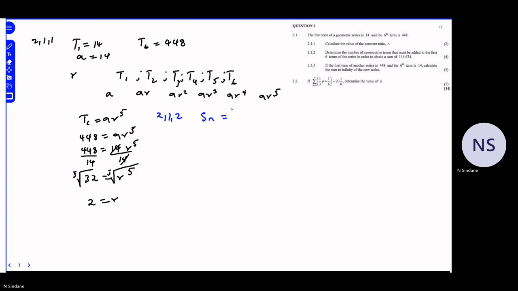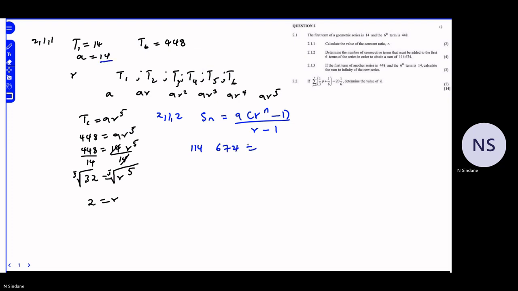So in this case, I'm going to say Sn is equal to, because I'm dealing with a geometric series, A into R to the power n minus 1, divided by R minus 1. What am I looking for? I'm looking for the value of n. So in this case, I have 114674. This is equal to, the value of A is 14.